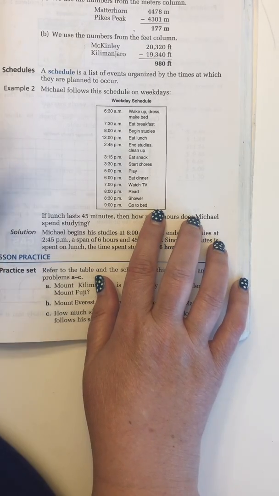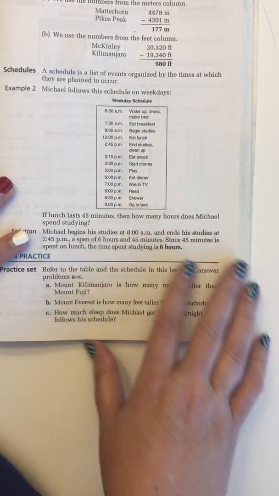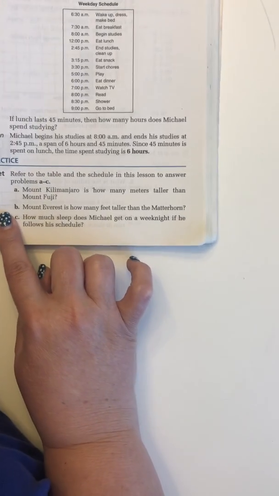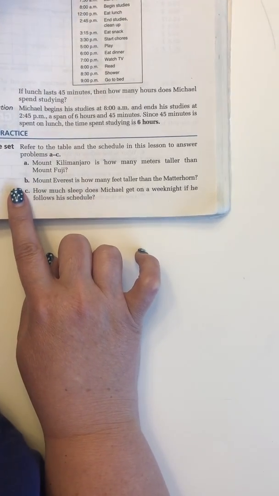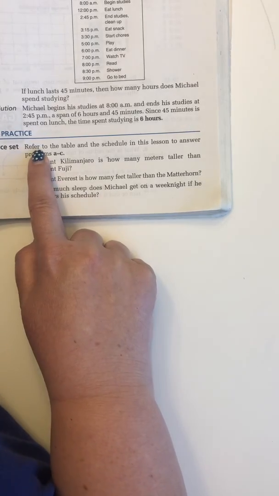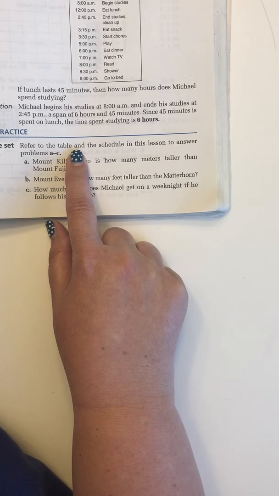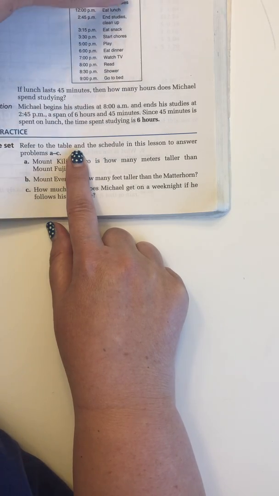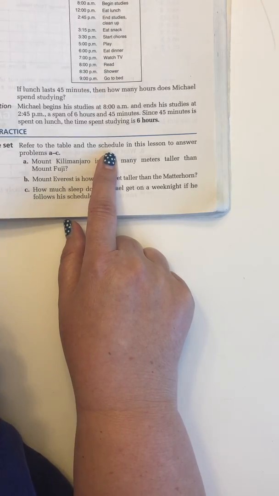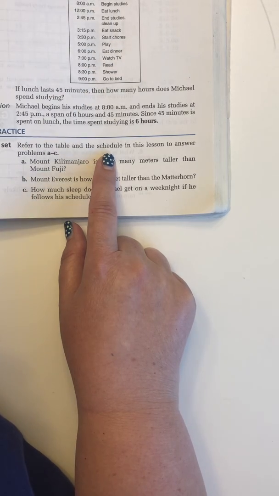And because this is using the tables in the book, I'm going to do your practice problems with you. If we look at the bottom of page 471, where your practice problems are, it tells us to refer to the table on page 470 and the schedule on page 471 to answer problems A through C. The schedule gives us a daily schedule for Michael.